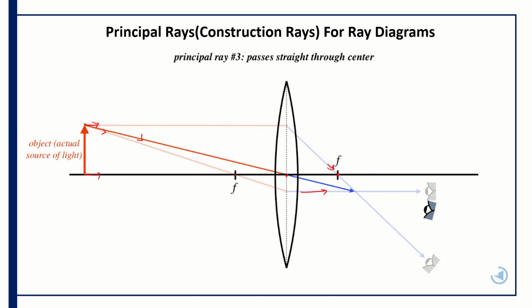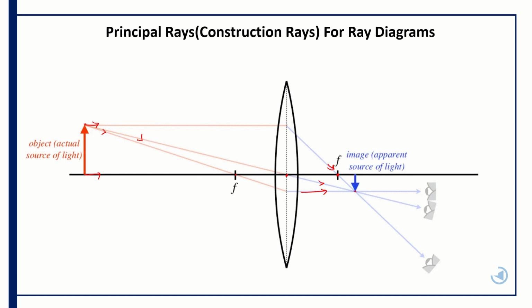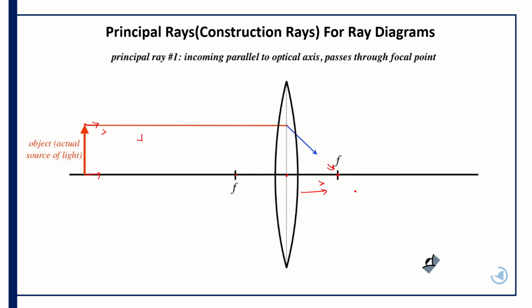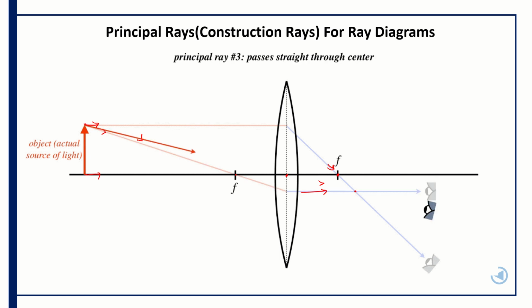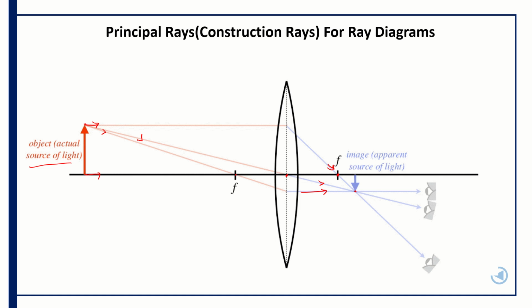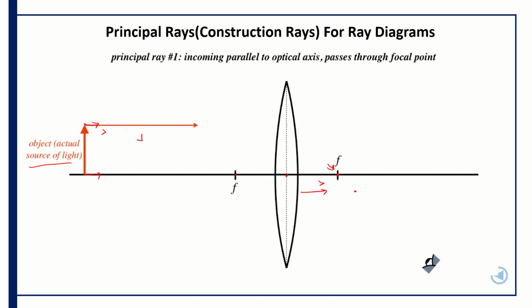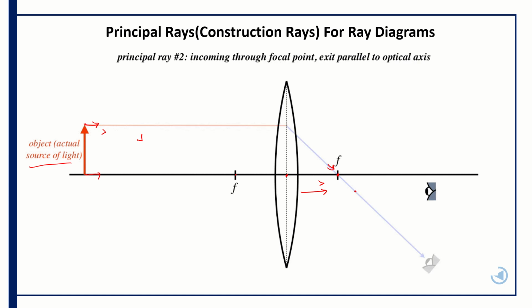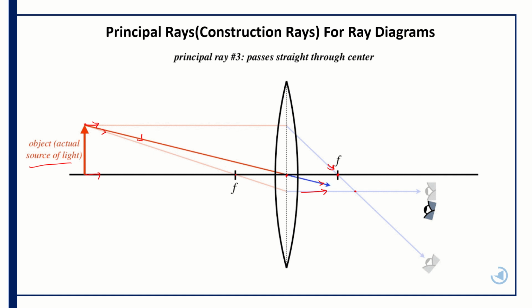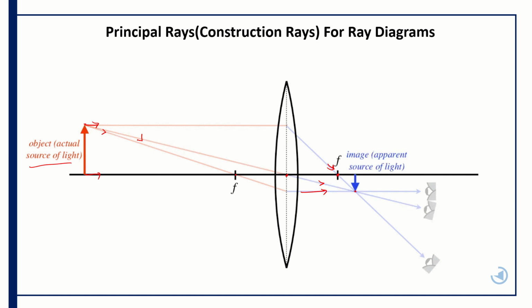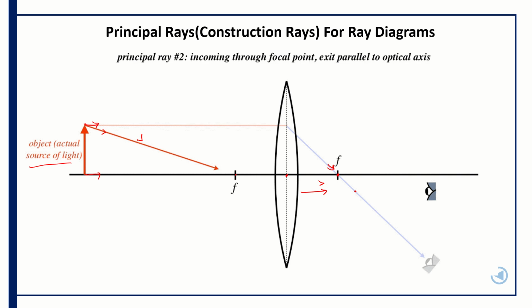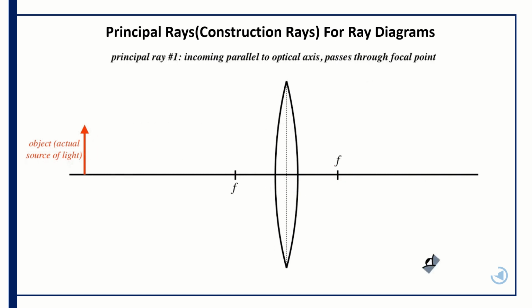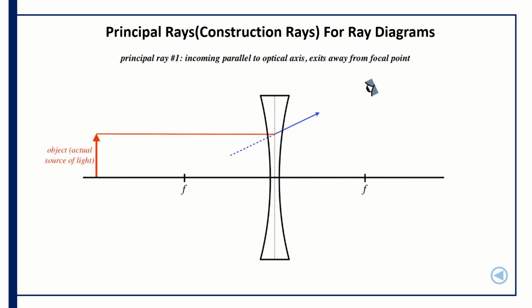One is here, the second one is here, and the third one is here. All these three rays are meeting at a certain point, and that point is creating the image of the source or object we kept in front of the lens. So using these three rays, the point where they meet will be the point at which the image is getting formed. So with this information, let's try to understand the different image formations in convex lens.